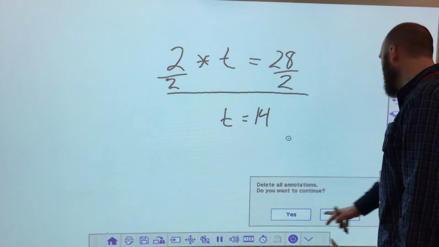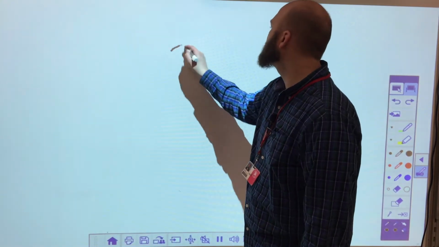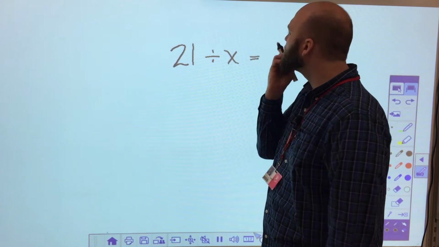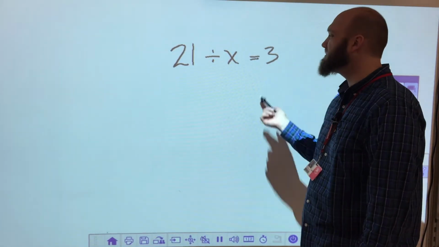Okay, so we have a multiplication. What if I had a division, right? Let's do 21 divided by x equals 3. Keep it fairly simple. 21 divided by x equals 3.